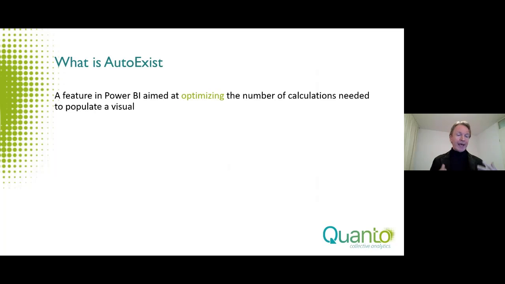If you have worked with DAX, you know that context is very important to understand what the results of a calculation are. But there's one other level that says, okay, but what calculations are performed for a visual? And AutoExist controls the number of calculations.